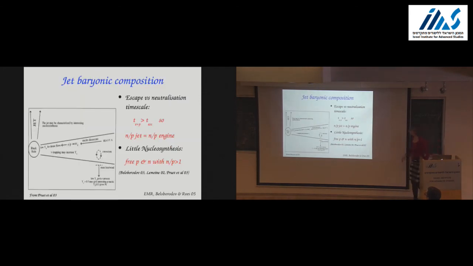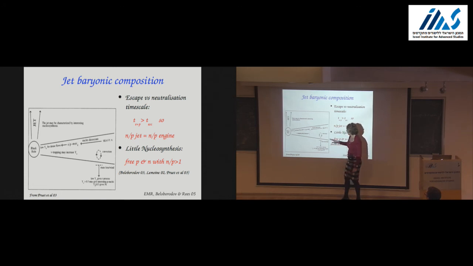Okay. And the last slide is like a jump in the past. This was a paper that I did in 2005. And in fact, the slide is also from 2005.